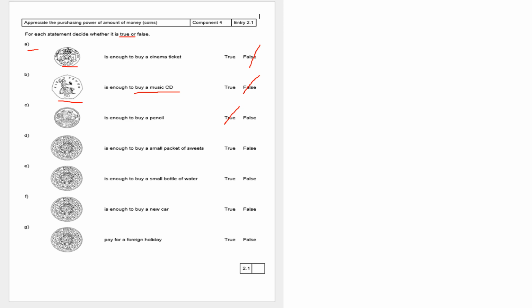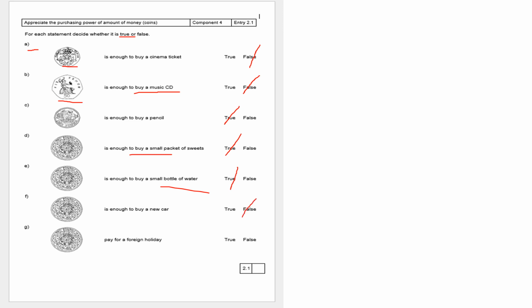For part D, £2 is enough to buy a small packet of sweets. That's definitely true, because sweets range from even 30p right the way to £1.99 and even more. For part E, £2 is enough to buy a small bottle of water. That's true. £2 is enough to buy a new car. That's false.